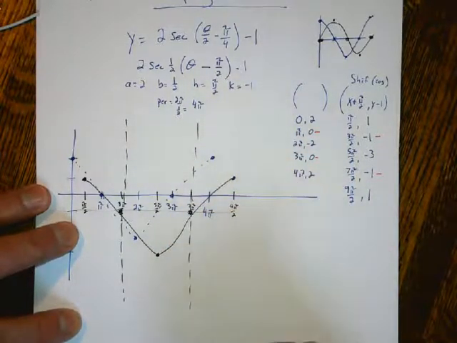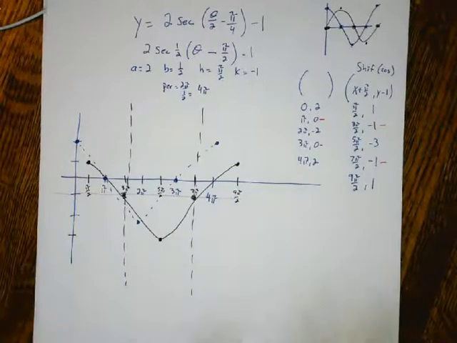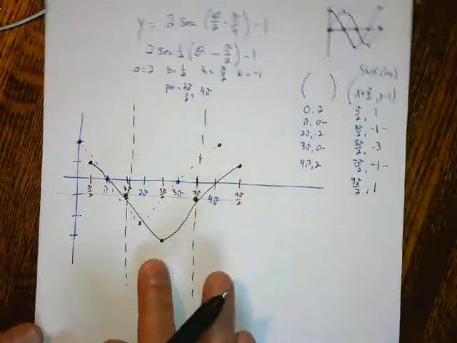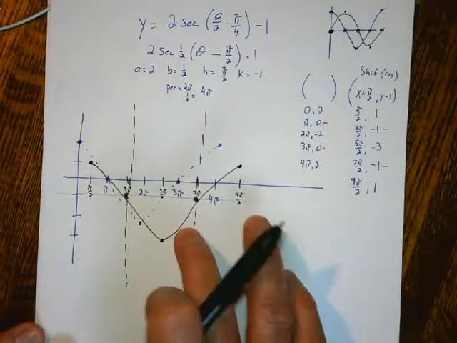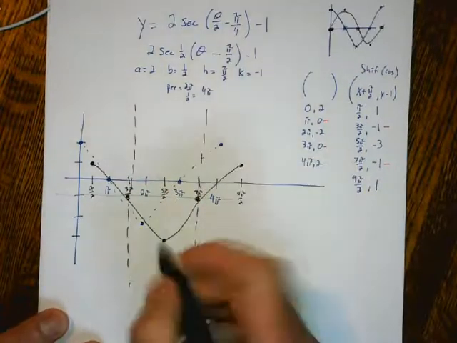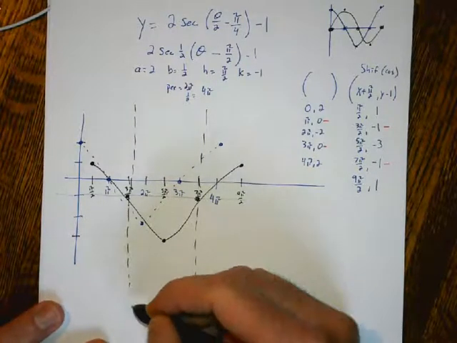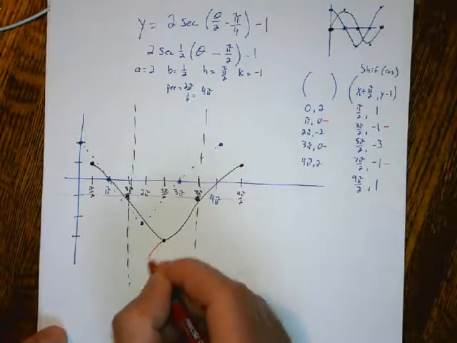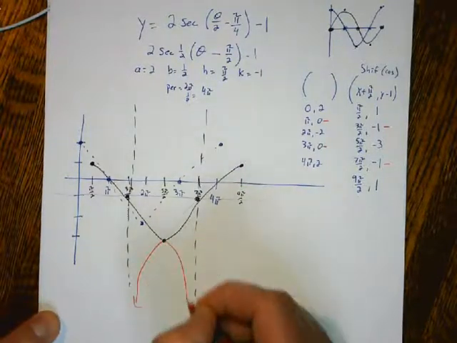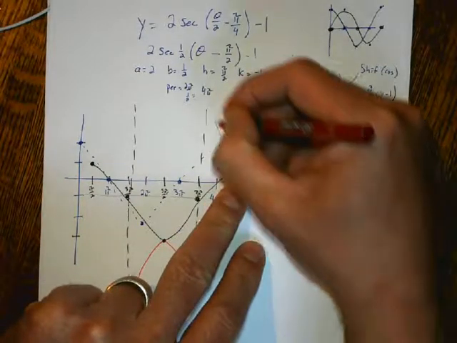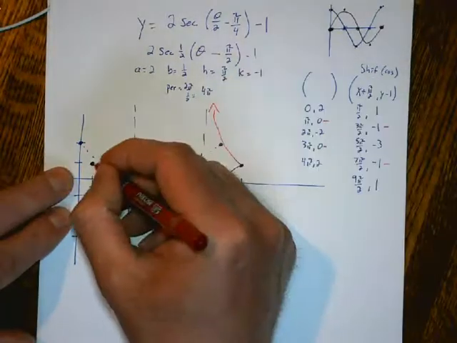Now, what's weird with the secant graph is that you're only going to get one dip, or if it was inverted with an a value being negative, it could have been up this way. You really only have one curve that you can blow up, if you will. So we know it's got to dive this way and this way. And then this one's going to work up towards your asymptote, and this one's also going to work up towards your asymptote.